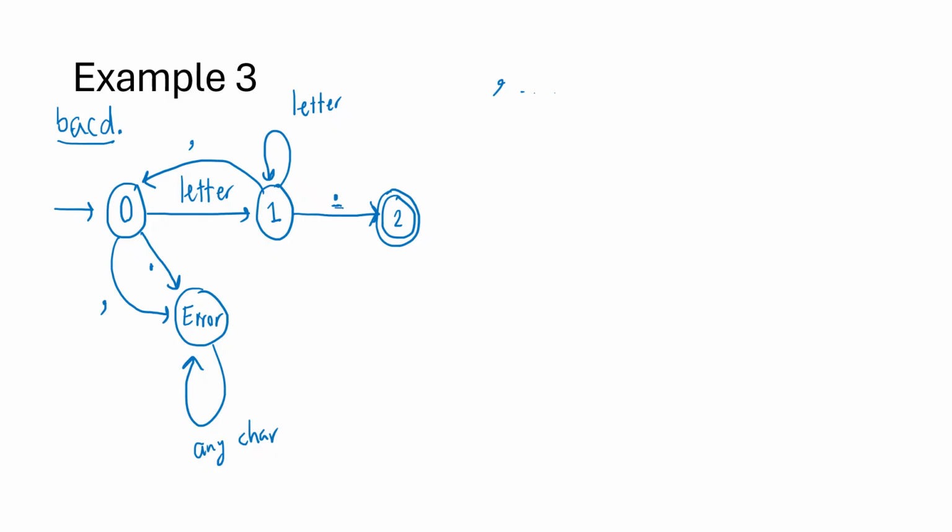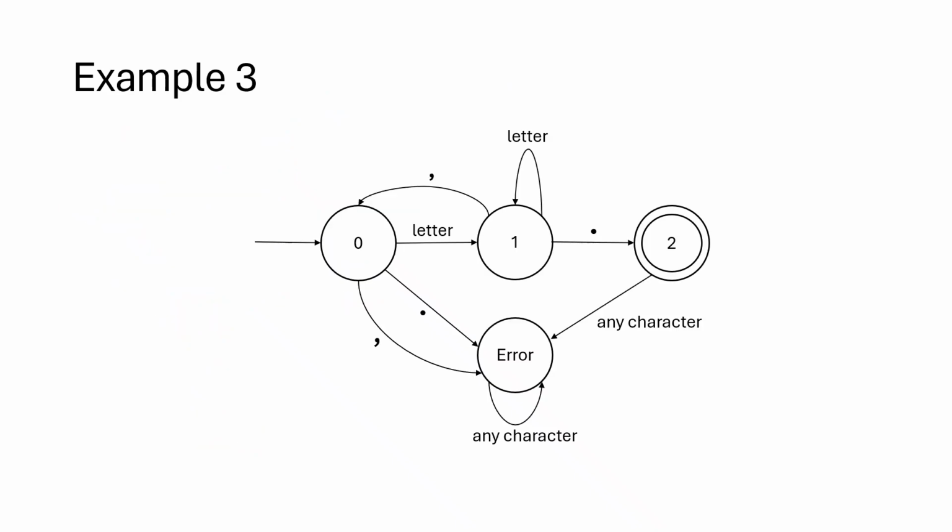The period should be the end of the input stream, which means if you are at state 2 and you see anything after that, that's not acceptable, and that will end up with a stream that is going to be rejected no matter what. So with any character from state number 2, we get to the error state, and we are going to stay there no matter what follows. So here's the machine that exactly accepts the strings that are described in example 3.